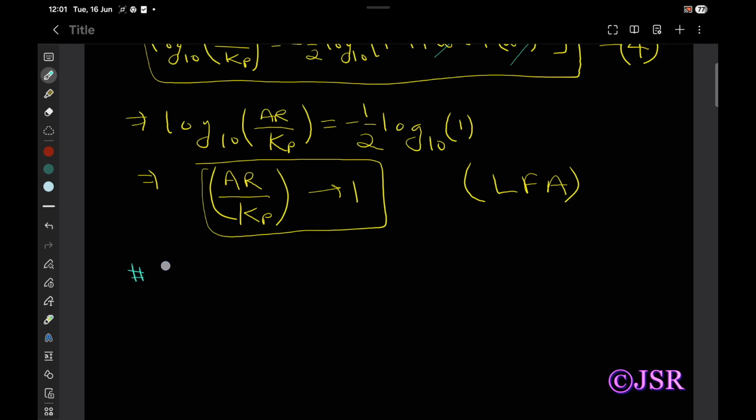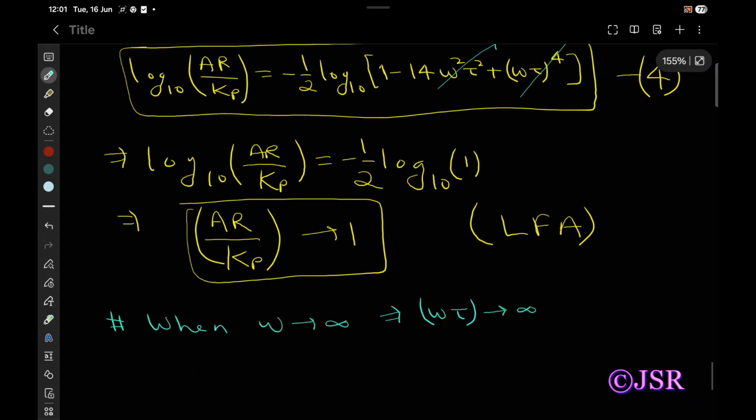So this is the equation of low frequency asymptote. So second, when omega tends to infinity, we will have omega tau tends to infinity.